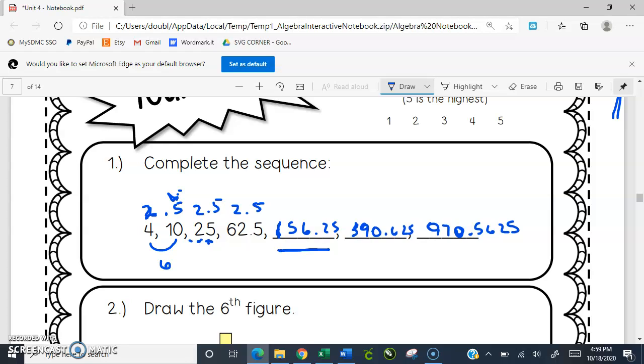So on this one, we were looking for a common ratio, not a common difference. The common ratio was 2.5, so we multiplied by 2.5.